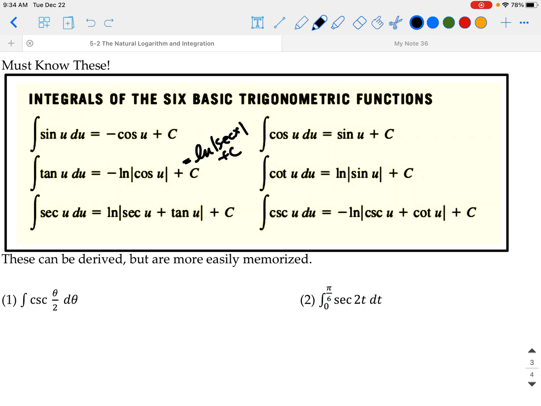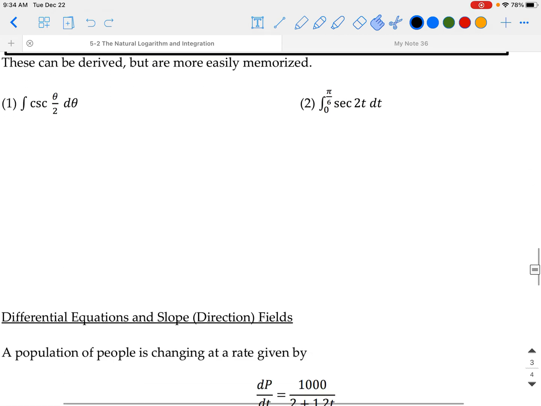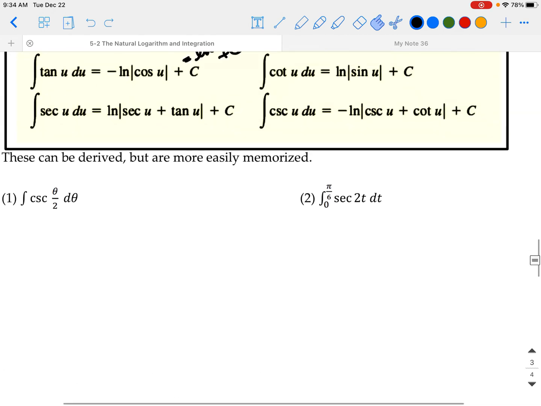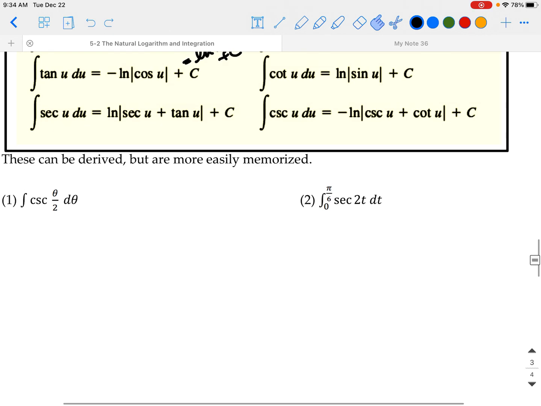There's going to be a homework example that you work on where you derive secant, but it's a very particular style of proof that you're going to do for secant. So I'll let you think about that one, and then if you have questions, you can definitely come by and ask.